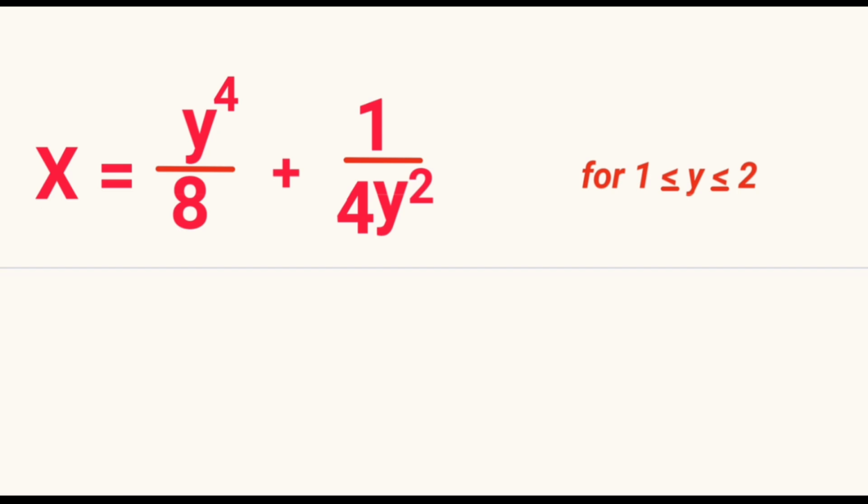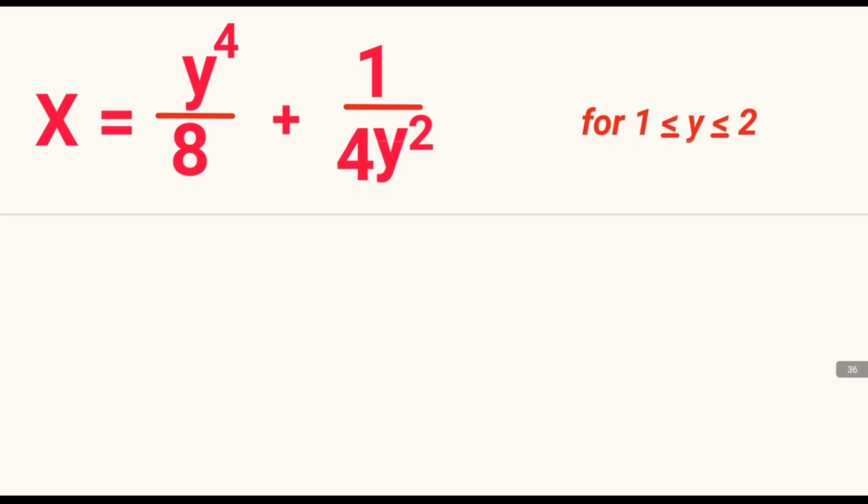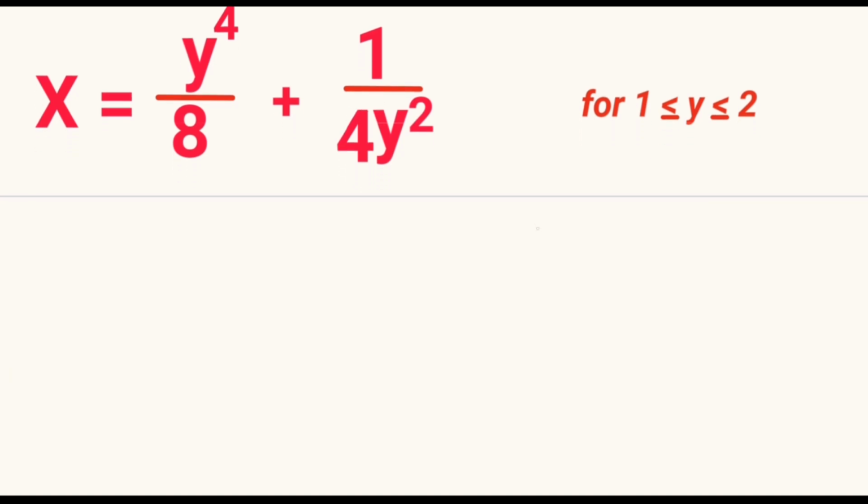For our first question, we have to determine the length of the curve x is equal to y to the power 4 divided by 8 plus 1 divided by 4y squared, and we are going to calculate the length between the points y is equal to 1 and 2. So we don't have to make y the subject of the formula.